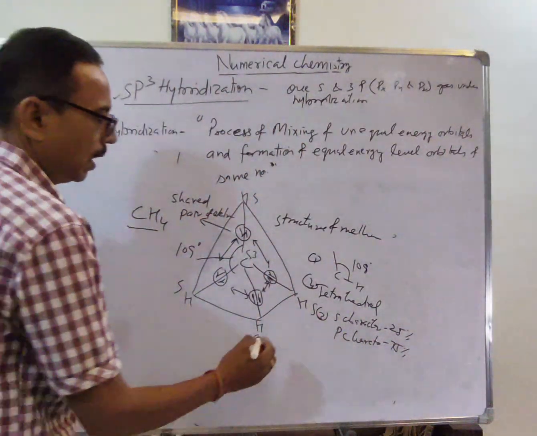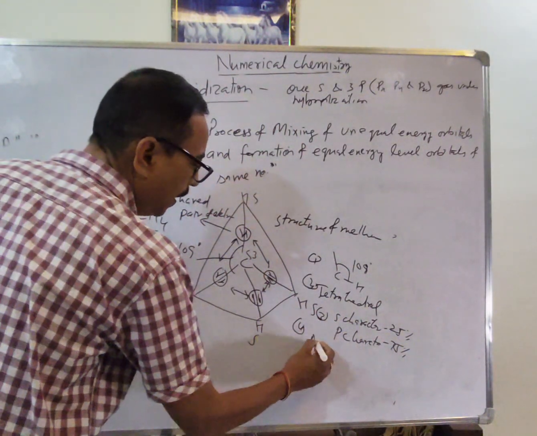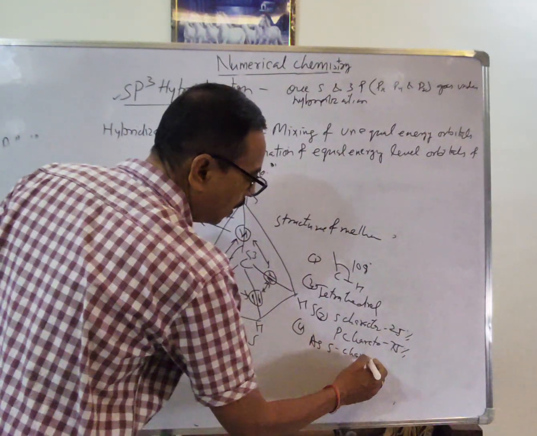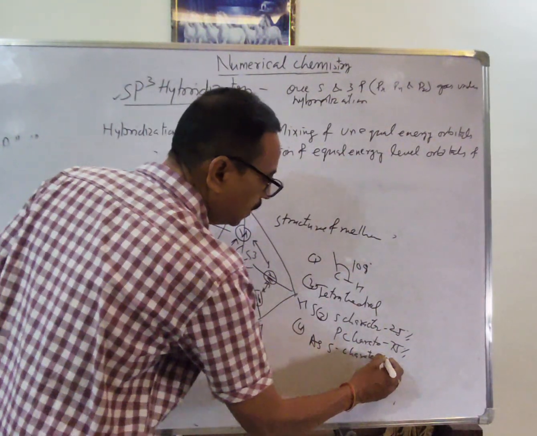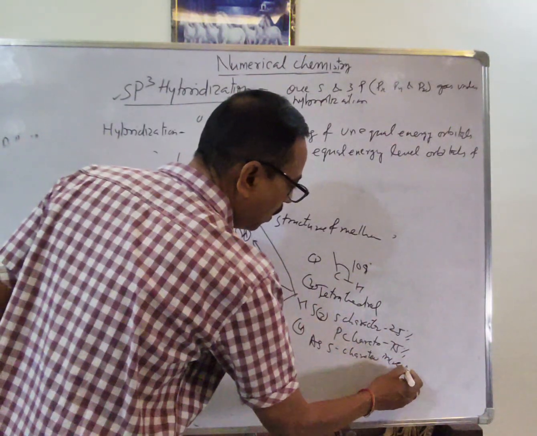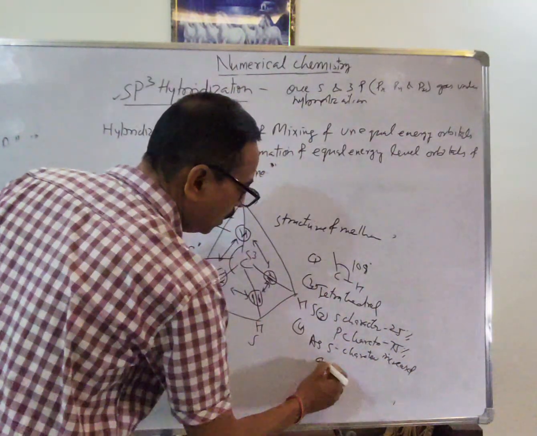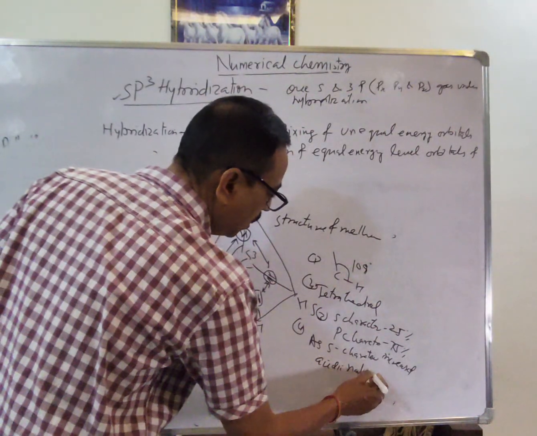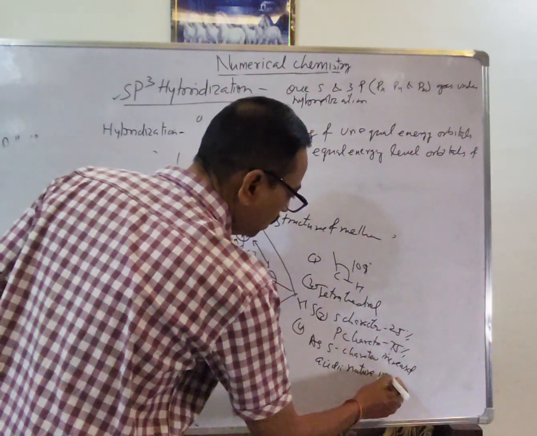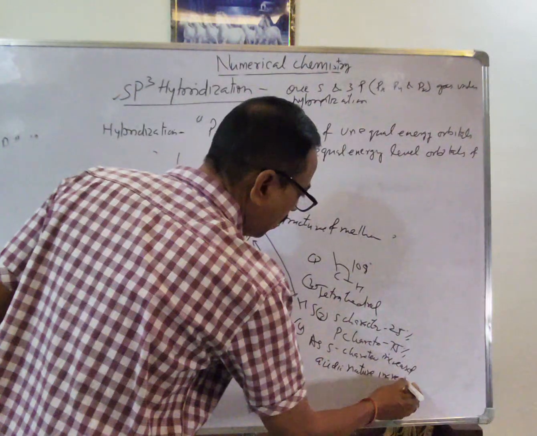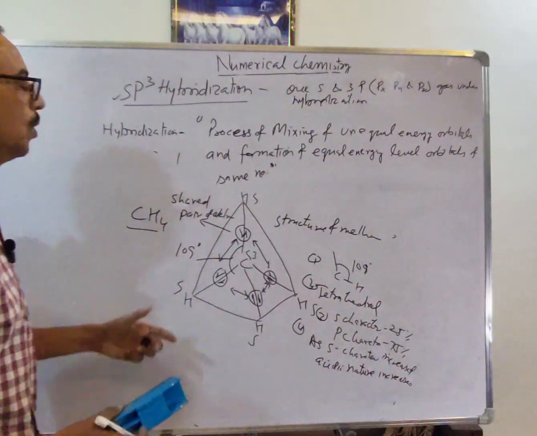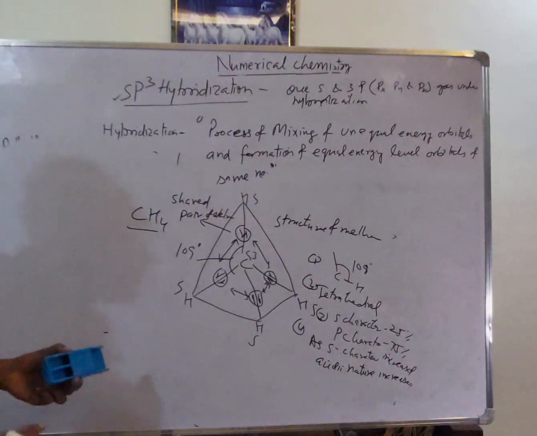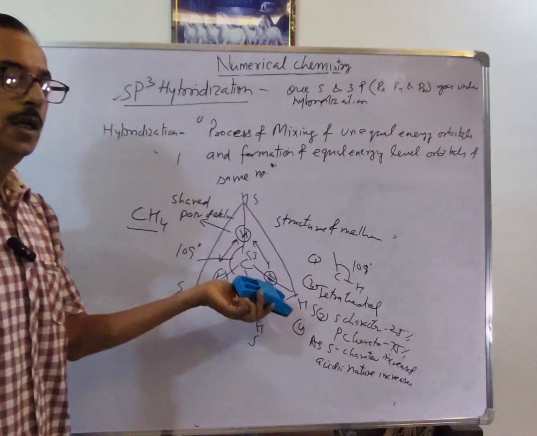One thing you note here: as s character increases, acidic nature increases. So you note down all these points, and I think you understood sp3 better.